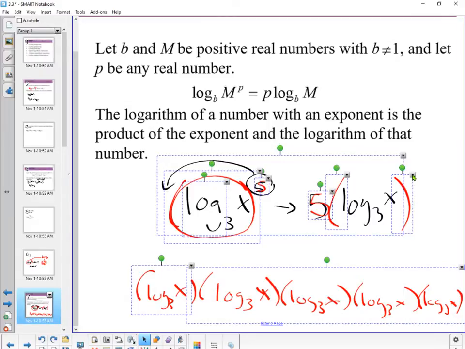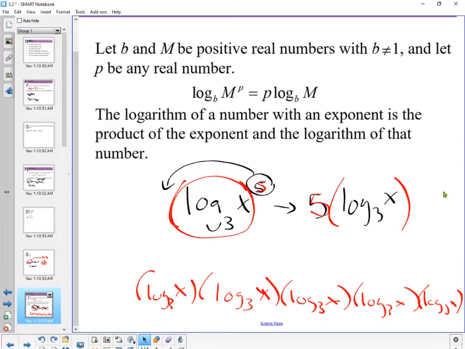So it's still in my notes, but that's what came to me when I first saw it. That kind of made sense, but it wouldn't make sense because taking something times itself 5 times is not the same thing as 5 times something. Like if the number was 2, right? 2 times 2 times 2 times 2 times 2, 5 times, is 32, but 5 times 2 is only 10.